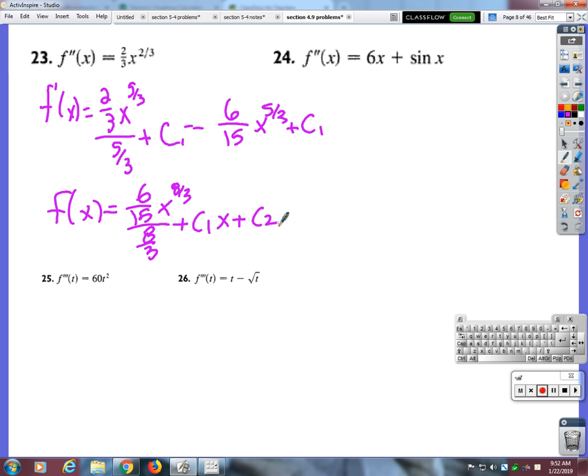So 3 times 6 is 18. And 8 times 15 is 120. We'll simplify that in a short second. 9 over 60, but then 3 goes into there. 3 over 20. Yeah, divide by 6. 3/20.